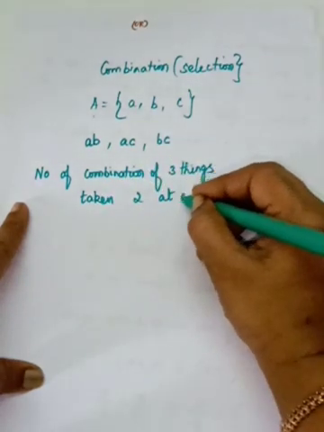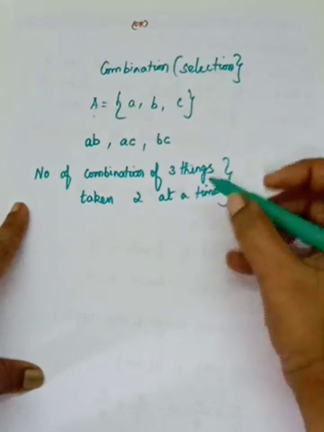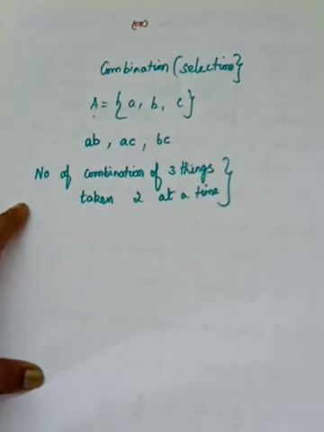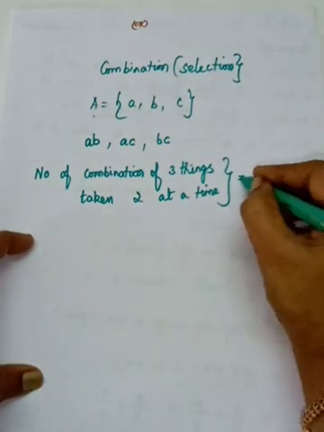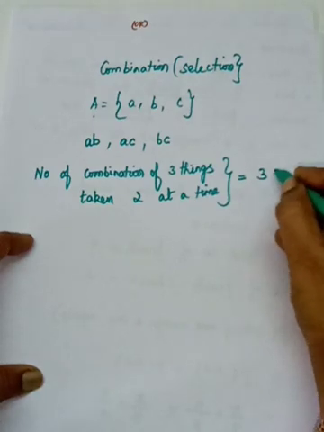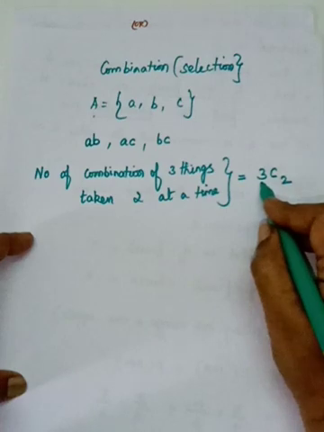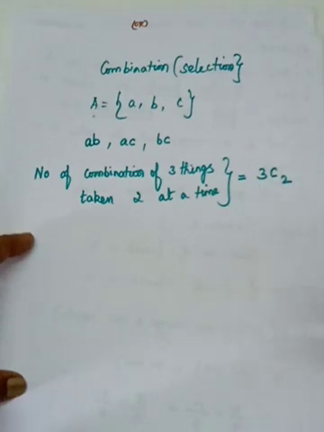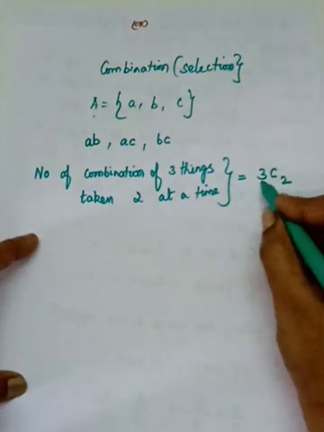So combination means what? It's a selection. So 3 things are there. You have to take 2 things at a time. It can be written as 3C2. Total number is 3, 3 letters are there. You have to choose 2 letters at a time. So therefore it can be done in how many ways?